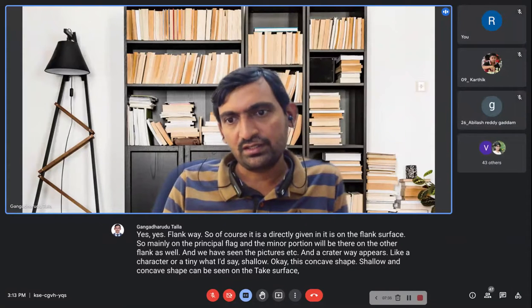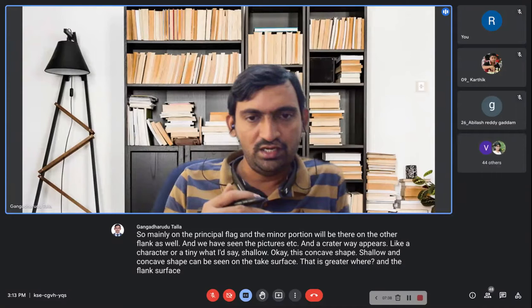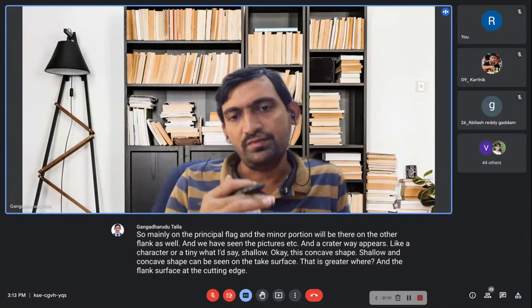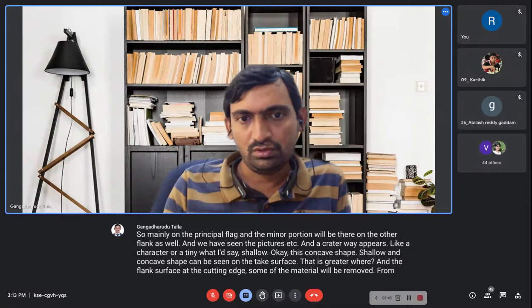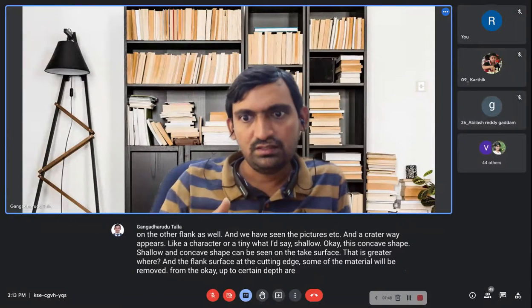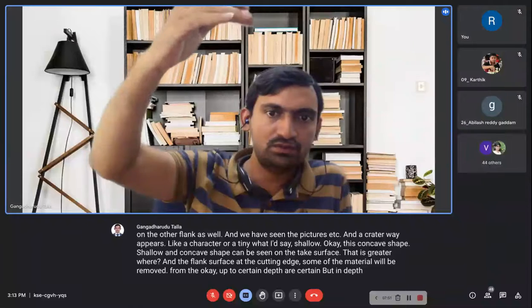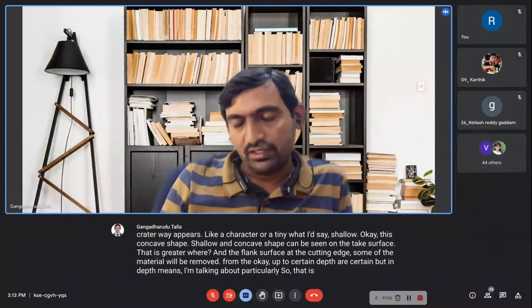That is crater wear. On the flank surface, at the cutting edge, some portion of the material will be removed from the tool up to a certain depth, and I am talking about vertically. So that is called flank wear.